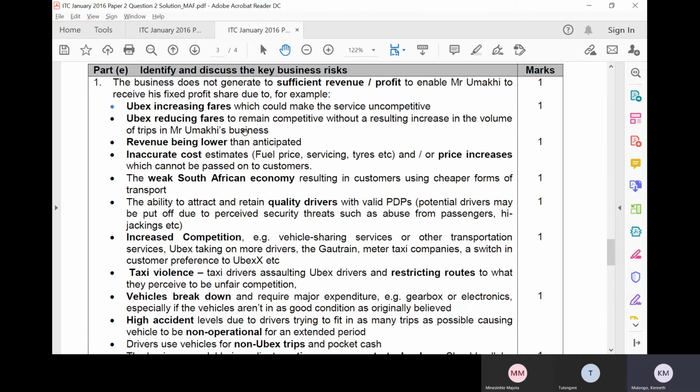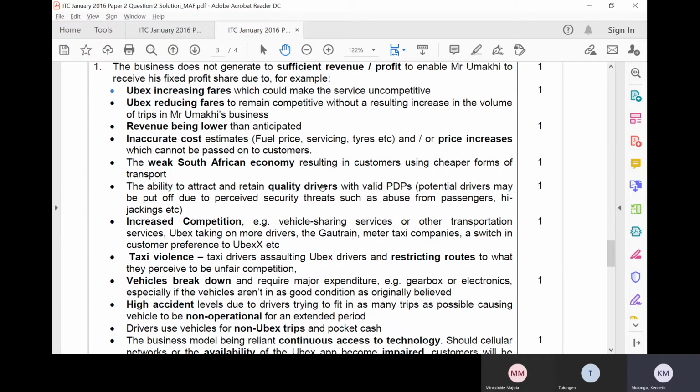All of these are still building up to the main bucket of sufficient revenue. And you could have quality drivers in another industry, it's quality chefs, it's quality cooks, it's quality students, it's quality workers, it's quality thinkers. This could be replaced. Weak economy applies to any industry. Inaccurate cost, doesn't matter what industry you're driving with.